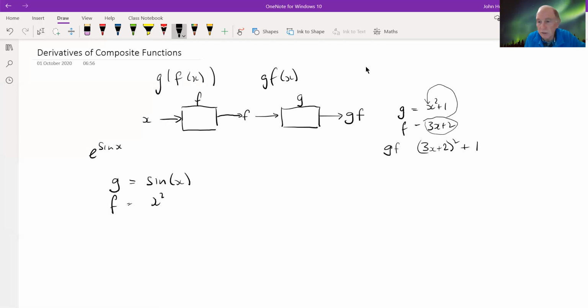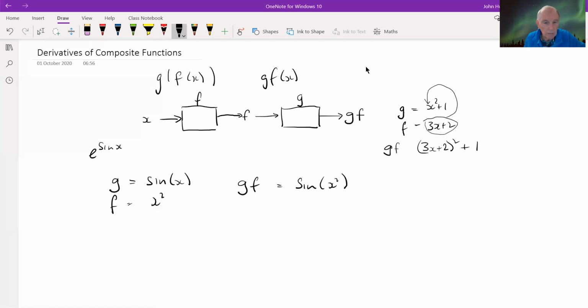So if we do this substitution that I'm talking about and bang it all together, then we'd end up with g of f equal to sine of x squared. So, a fairly straightforward composite function.